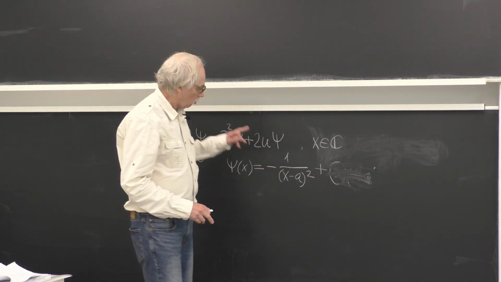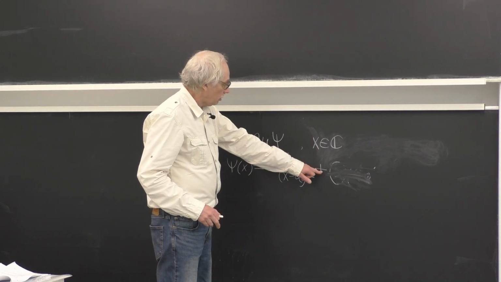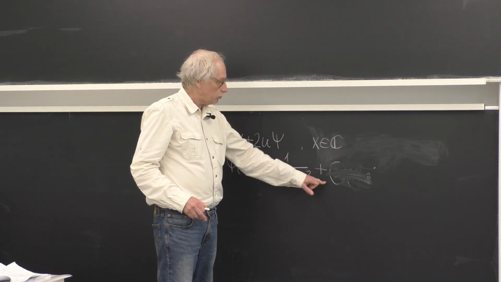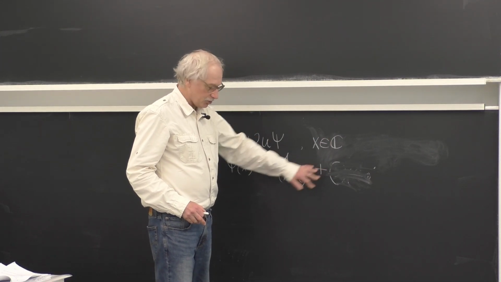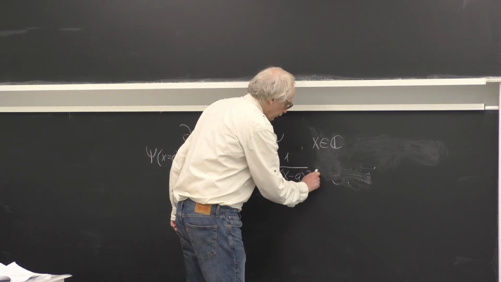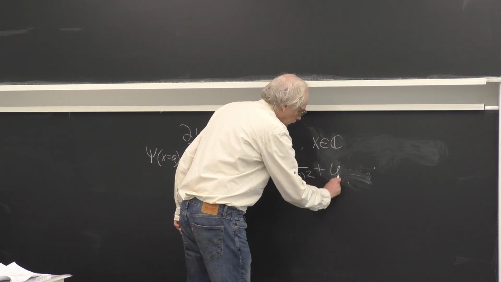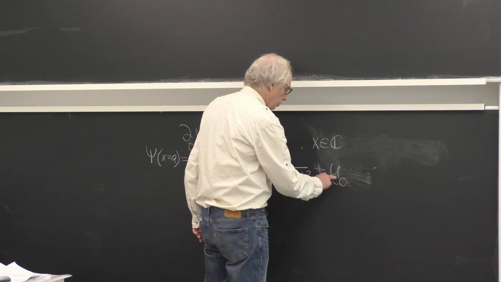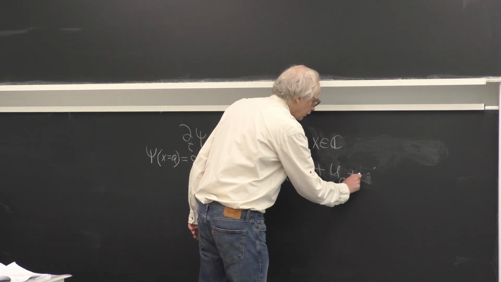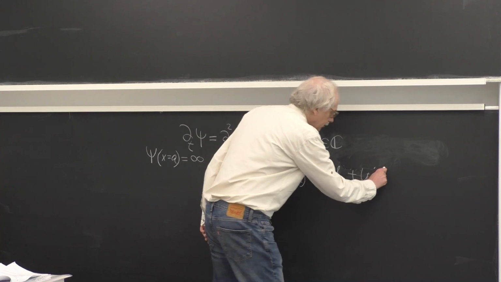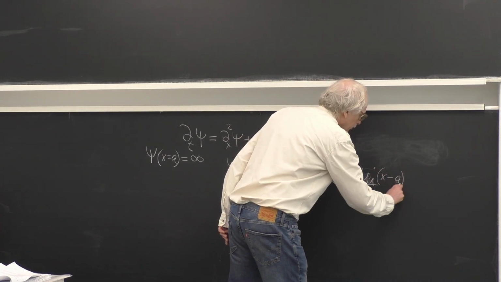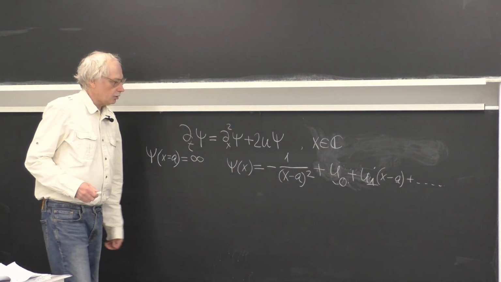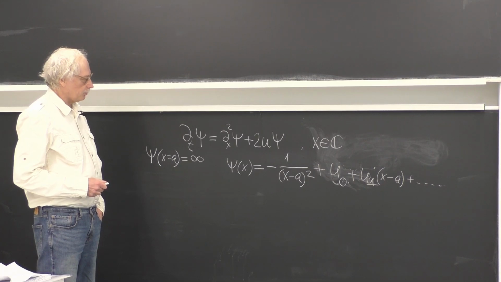And also the first order pole is absent here, and the expansion is u0 plus u1 times x minus a, and so on, the regular part of this function.